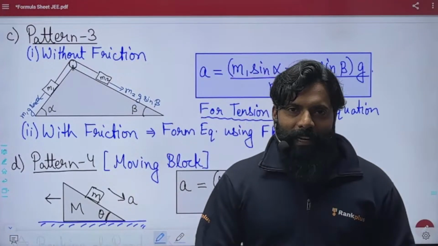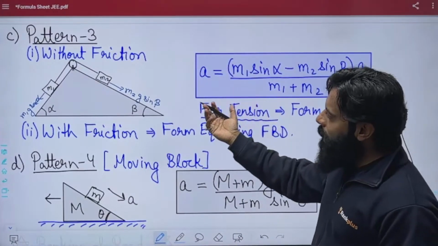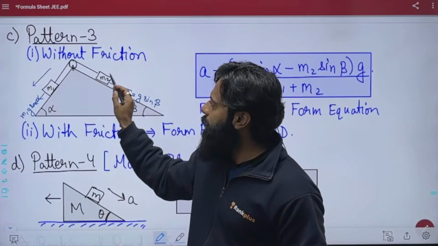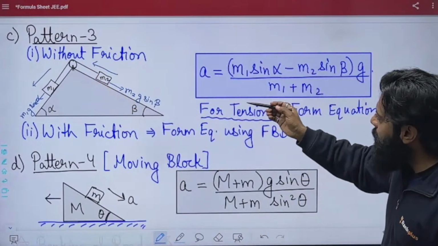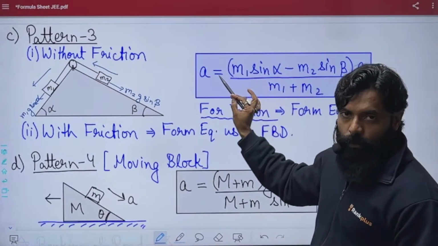To get the acceleration, I'm considering that this object is moving upward in this direction. You need to do m1 sine alpha, right?